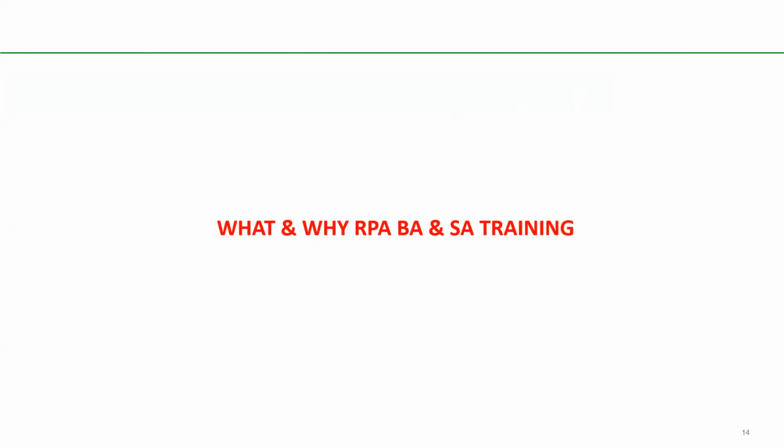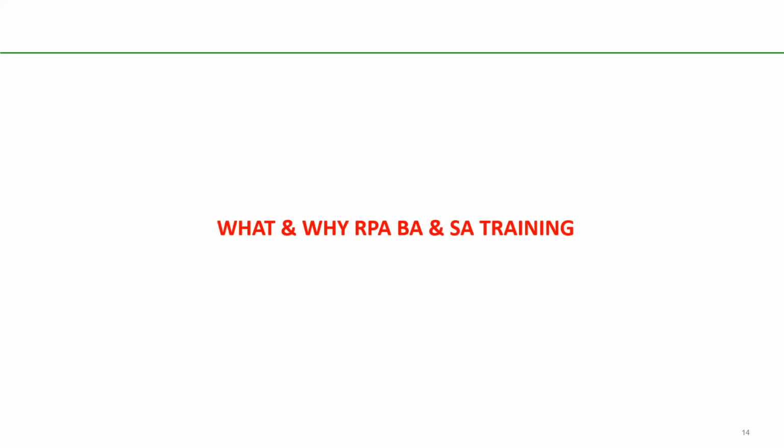First, the initial discovery and solution design phases are performed by the business analyst role and the solution architect role. Please keep in mind, these two might be two different persons or the same person.